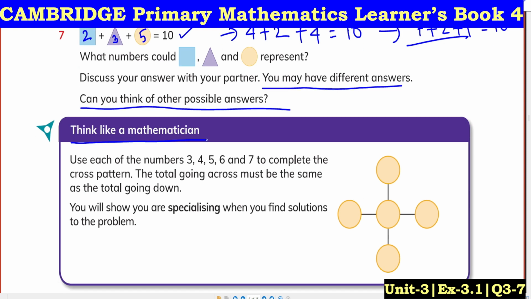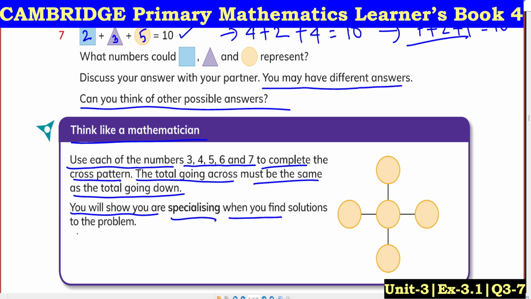Think like a mathematician. Use each of the numbers 3, 4, 5, 6, 7 to complete the cross pattern. The total going across must be the same as the total going down. You will show you are specializing when you find a solution to the problem. So first we have to understand what it is saying.